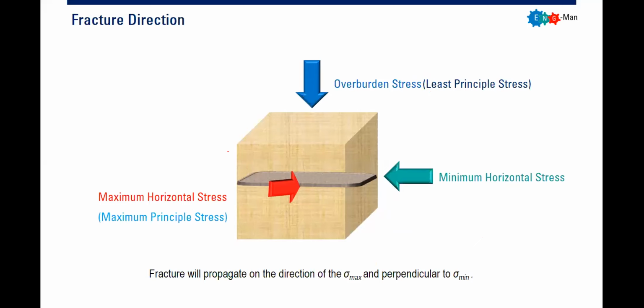It can also be this way. If you have overburden stress which is quite small, and in this case it is the least principal stress, and you have two horizontal stresses, this one and this one, and the red direction is the maximum principal stress, then because the overburden stress is the smaller principal stress, the fracture will open like this and propagate from the north-south direction.